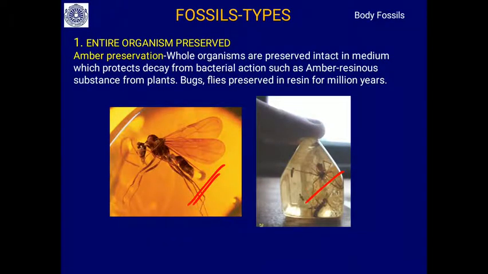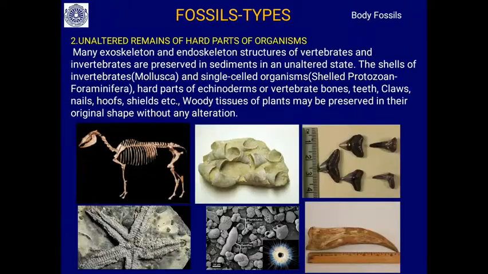For example, the resinous substance exuded from the plant covers the insect present on it, and it gets preserved as it is for millions of years without undergoing any decay. So these are the examples of body fossils, the entire organism preserved as it is.